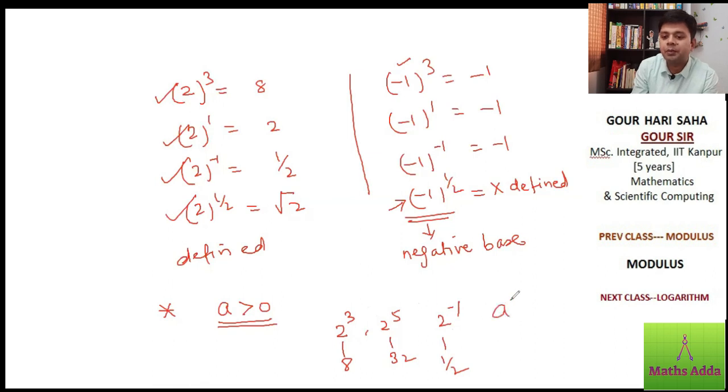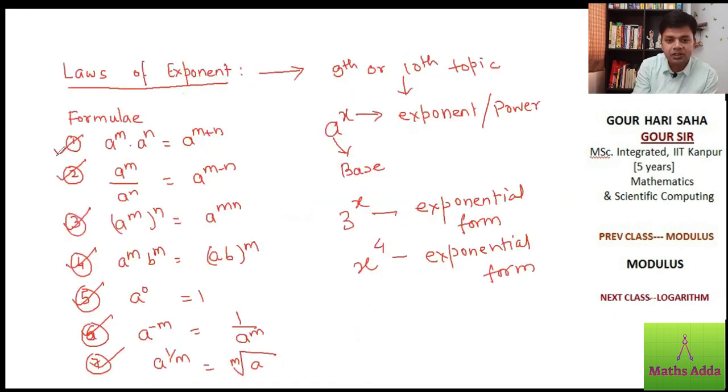This means a to the power x is also positive. That is the second point. So exponential term is always positive. So we learned 2 things in exponent. First thing is base should be positive, and second thing is the value of that exponential form is going to be positive.